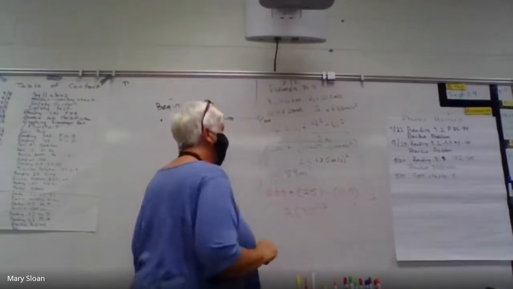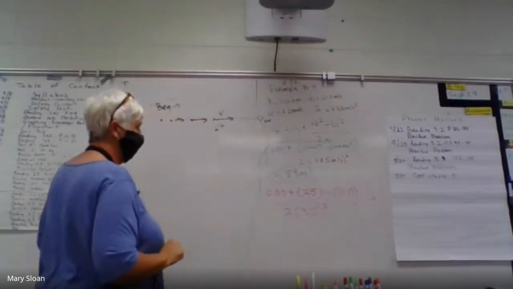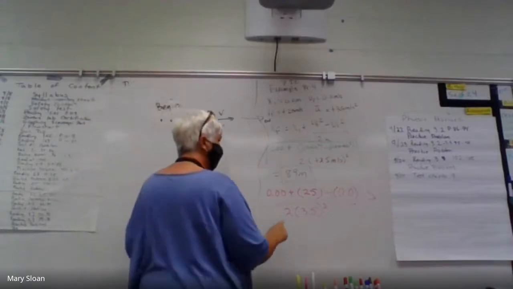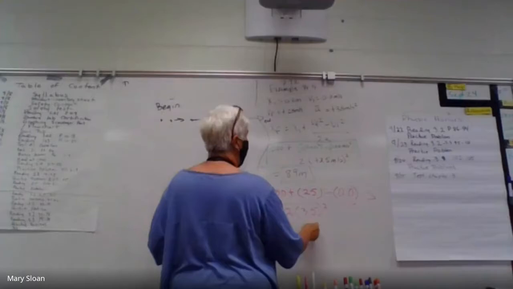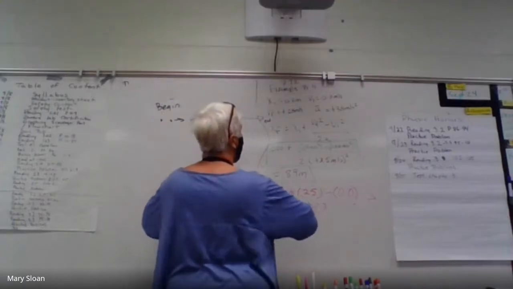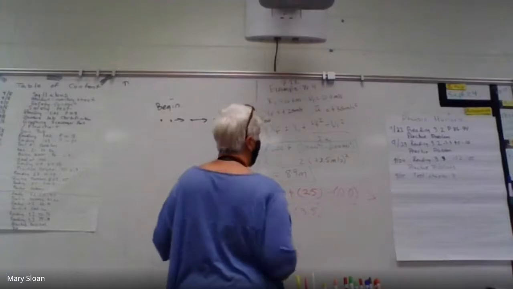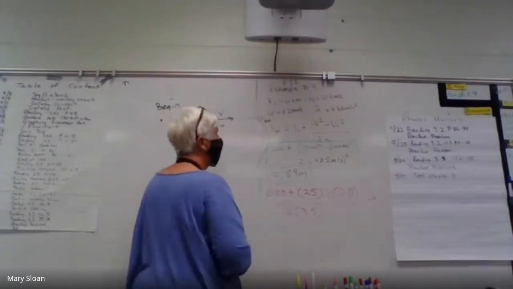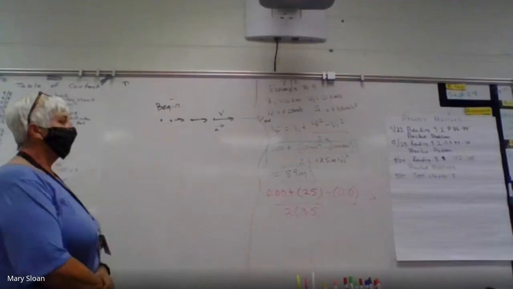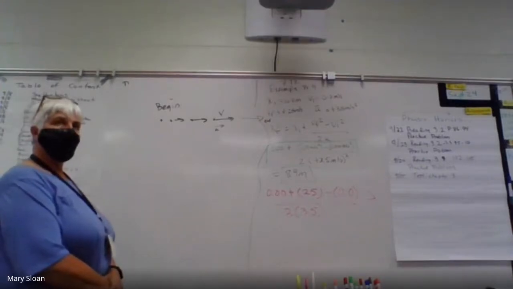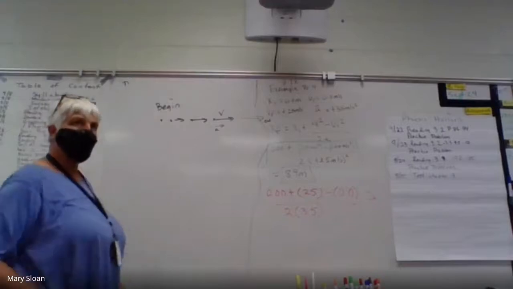On the top. Right. And then on the bottom, do 2 times 3.5 squared. Nope. 3.57142857. Okay. Try another one.